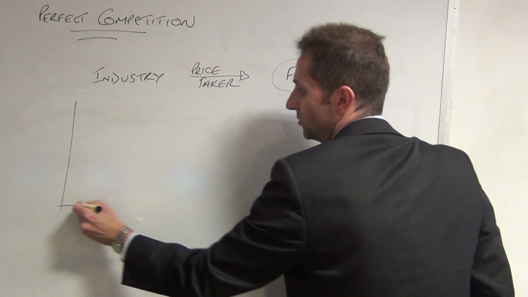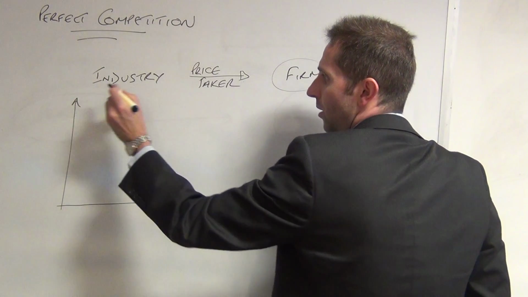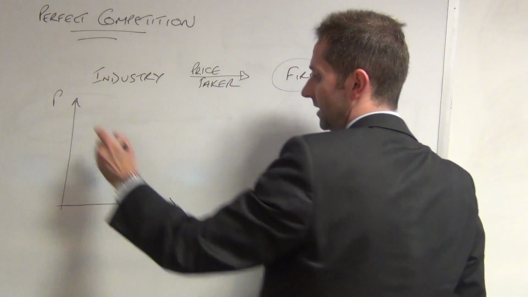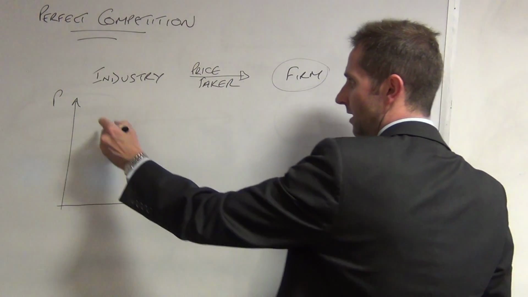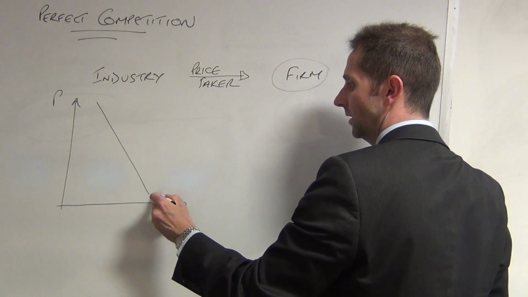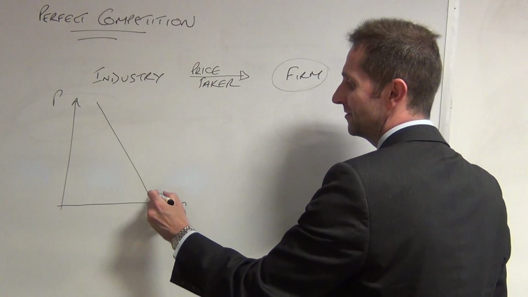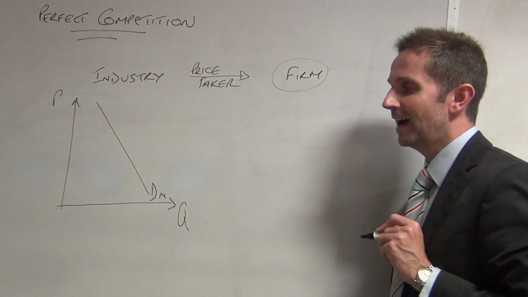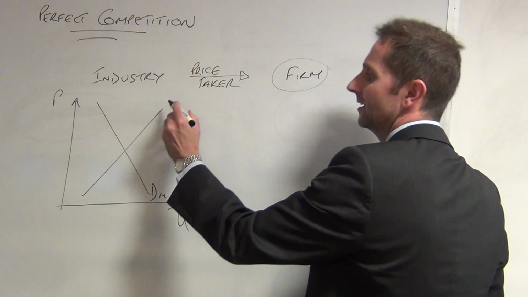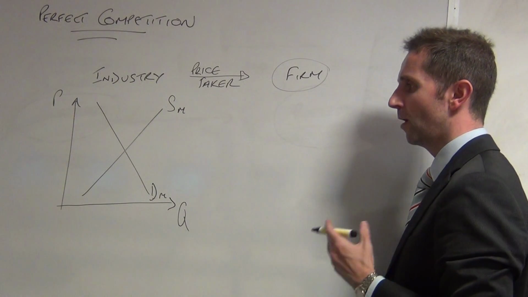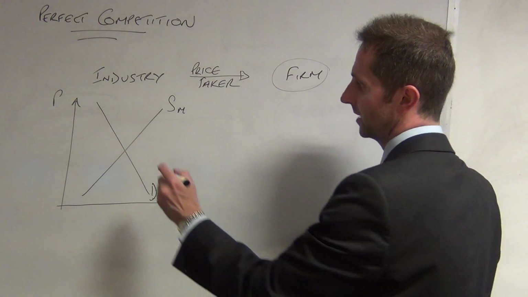So I'm going to draw the market supply and market demand curve for the industry. Price and quantity, and here we've got the demand curve, and here we've got the supply curve. Market supply, market demand in both instances.